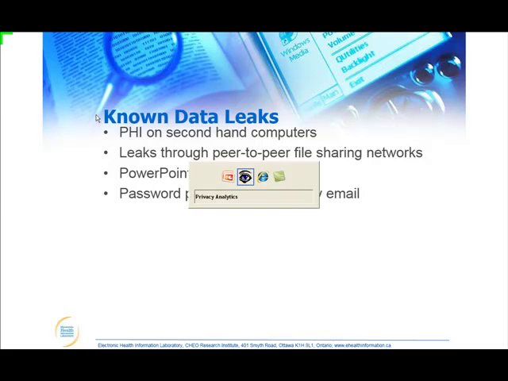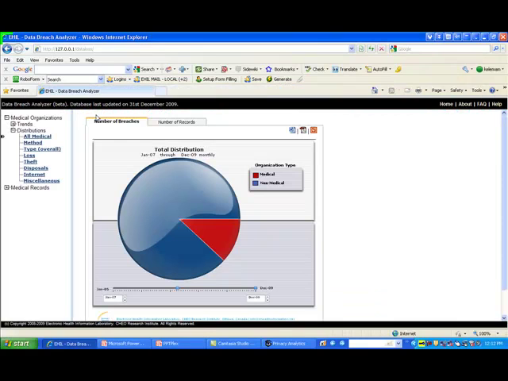I'll just show you this. There are some organizations that collect breach information from state attorneys general, from newspapers, and so on. So this is one of those sites. We collected the data from 2005 to December of 2009.